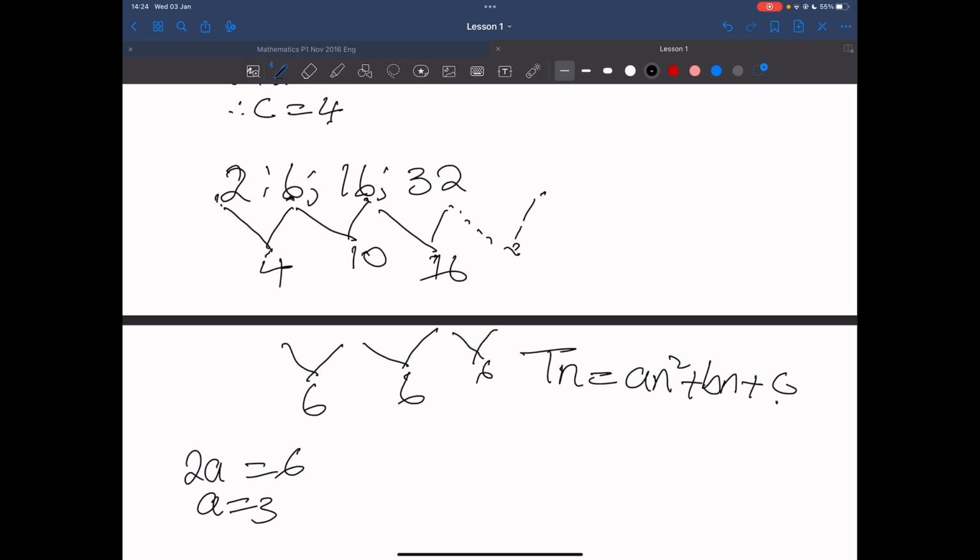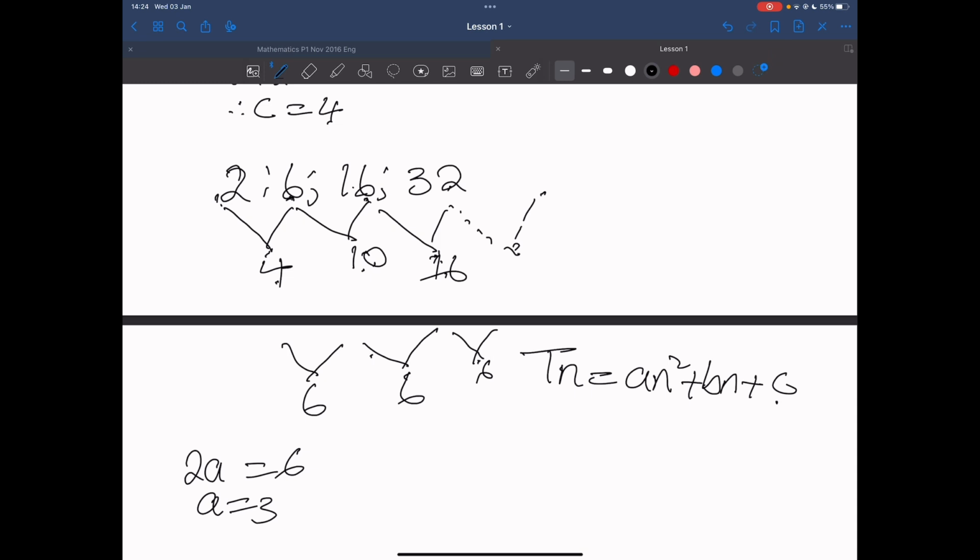Now, how do we get it? 32 minus 16 is 16, and how do we get this one? If we take 16 and subtract 6, we get 10. If we go back, 10 minus 6 is 4.